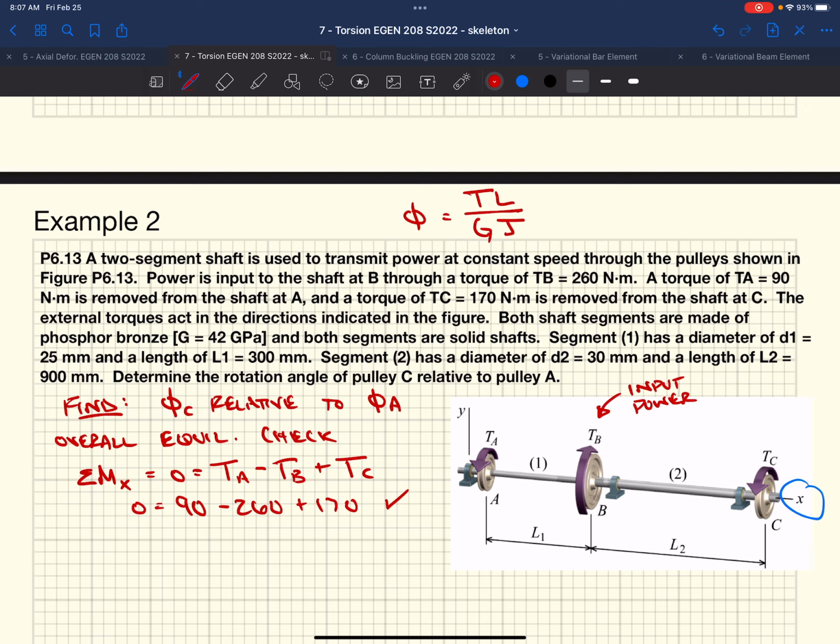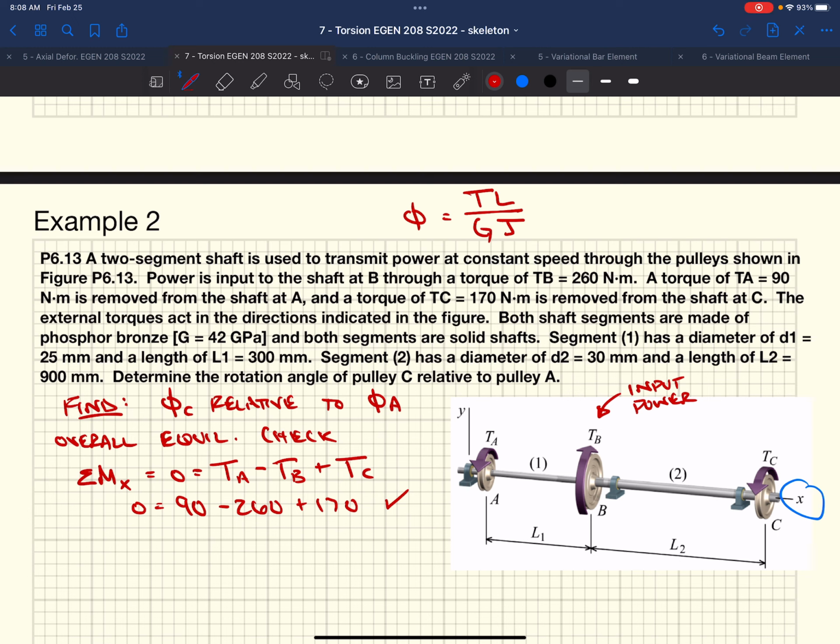The shear modulus is given to us based on the material. This is bronze, so it has 42 gigapascals. The polar moment of inertia, well, we can calculate that. They told us they're solid shafts of a known diameter, so J is known. The length also, they gave us L1 and L2. So really, the thing that we're missing is the torque in each of our shafts.